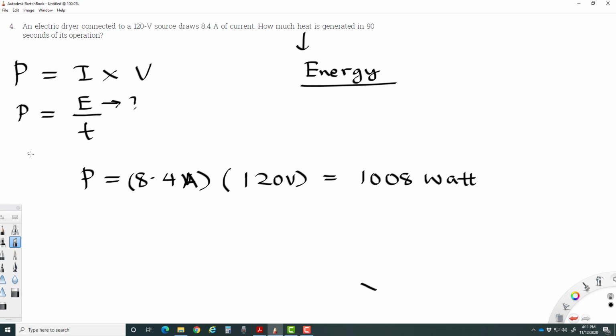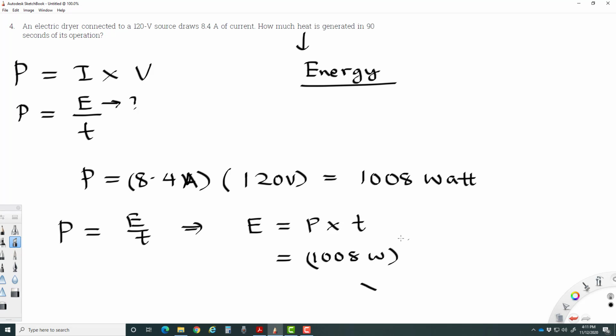Now we need to find the energy. We have this formula, energy over time is power. We can rearrange this formula, so E would be power times time. Power is 1008 watt, and time, it says, is 90 seconds.